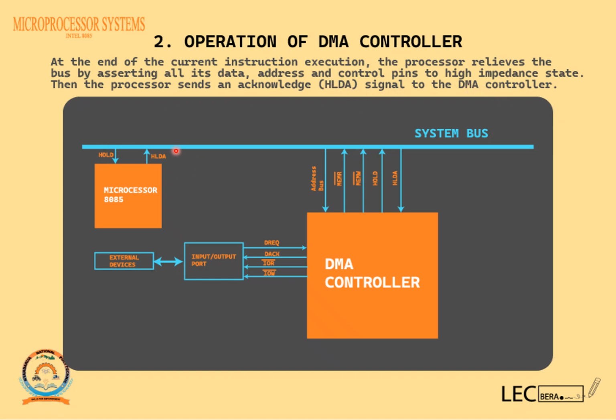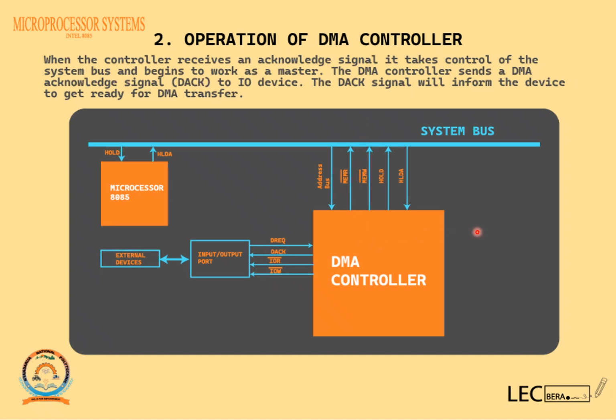So after the microprocessor has made sure that it has finished what it was doing at that moment, it will relinquish the system buses by setting all its pins to high impedance. High impedance means the pin is not either low or high state. So it means that the microprocessor cannot exchange data or receive any interrupt at that moment until the DMA controller has finished using what? The system bus.